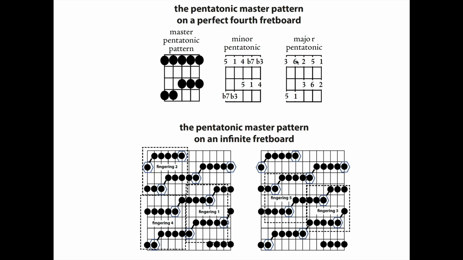And for the major pentatonic, the low octave tone center is on the next to the largest string where there's a 1 on the body end of the guitar. So the minor tone centers where your index finger would be here, and the major tone centers where the little finger would be here.